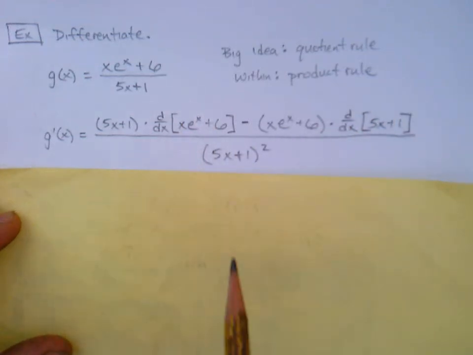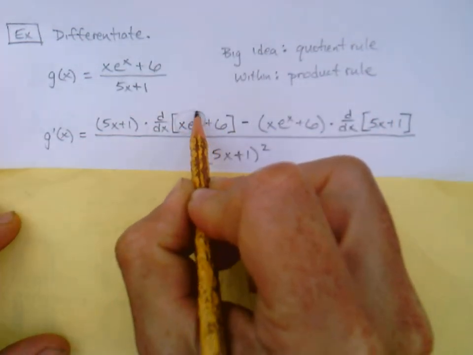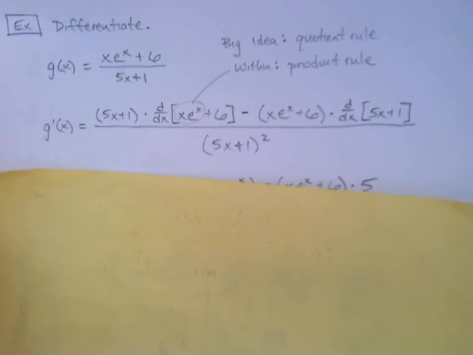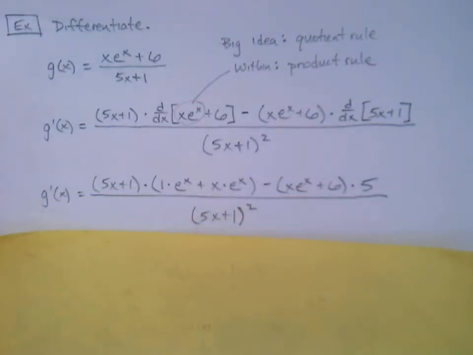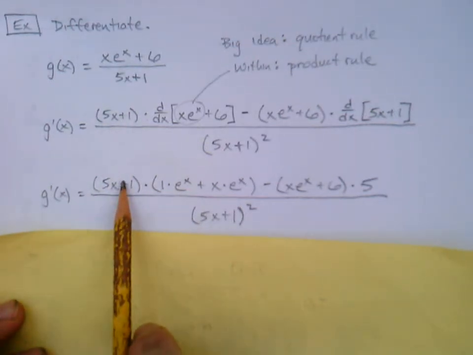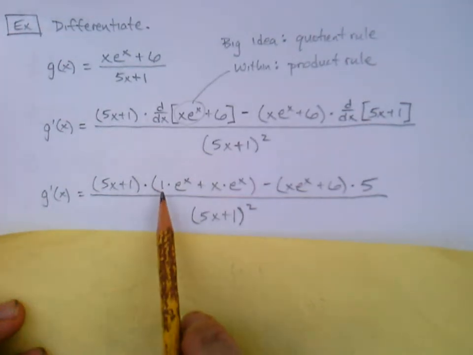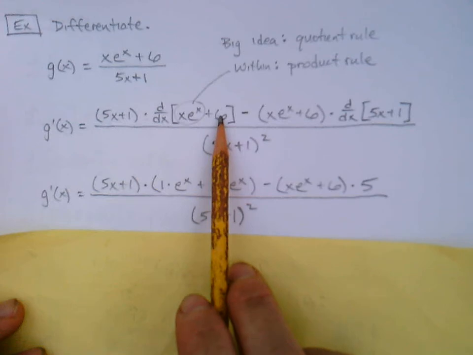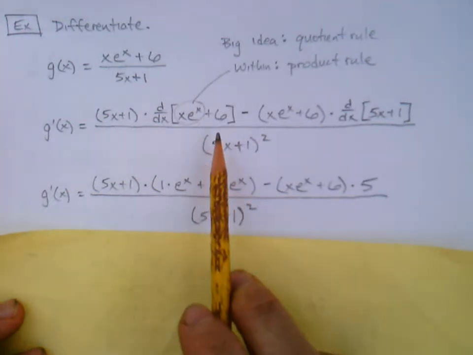And as I look here, I think, oh, right, there's my product rule within the larger quotient rule. Okay, let's do it. Here we go. So most of this is copied. g prime equals, there's my low, times, and here it is, so let's take that derivative. We can note up front that the derivative of 6 is going to be 0, so that's gone.